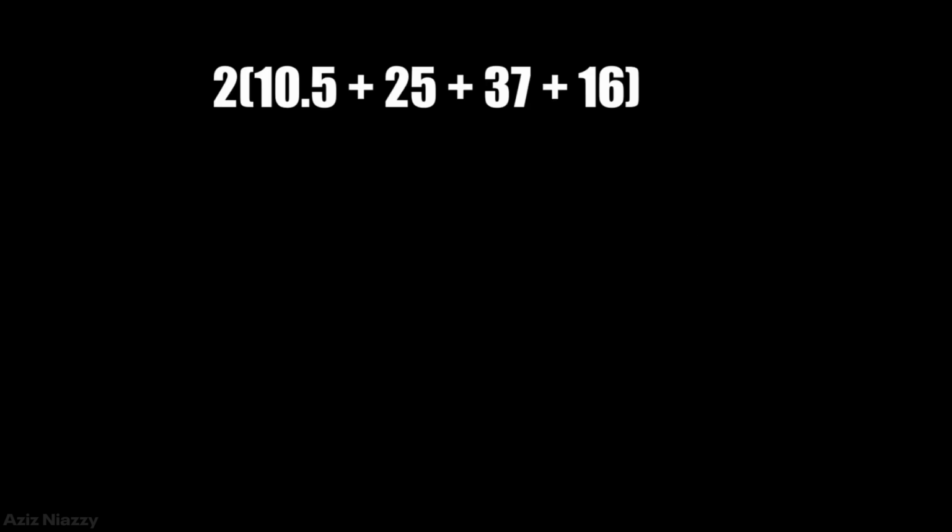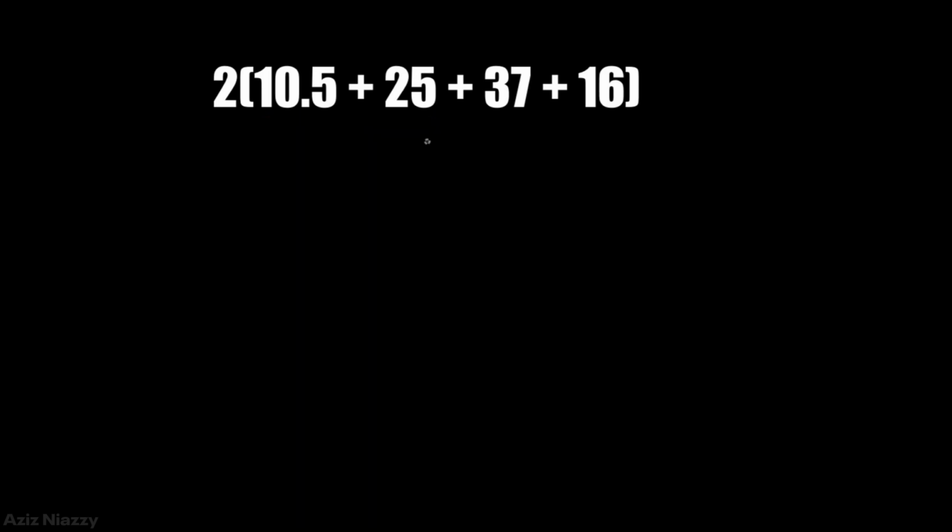So to find the perimeter of her garden, we have to solve this expression. 2 times (10.5 plus 25 plus 37 plus 16). This is Rachel's perimeter of her garden, and Tana's is 2 times bigger, so we have to multiply that by Rachel's perimeter.